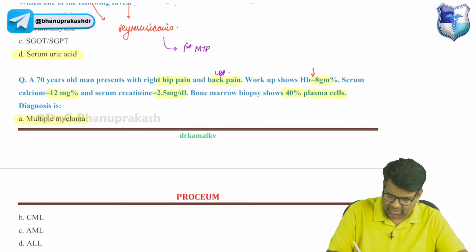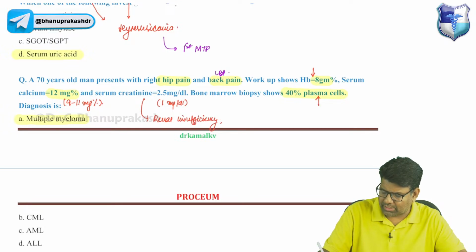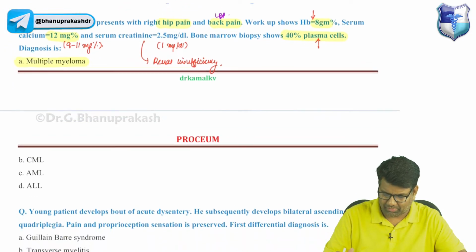This is hypercalcemia because normally the levels are 9 to 11. Then creatinine normally should be around 1. It is high, so it shows that there is some renal insufficiency. Above all, plasma cells increase, so multiple myeloma. Very good.